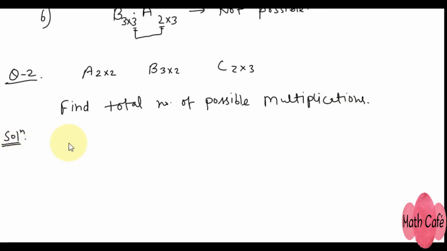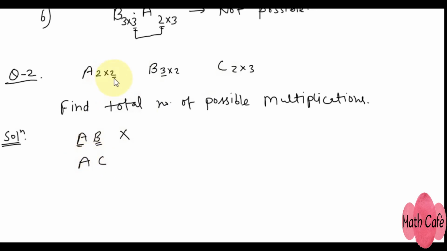First of all, we will see whether multiplication AB is possible or not. AB multiplication is possible when the number of columns in A is equal to the number of rows in B. The number of columns in A is 2 and the number of rows in B is 3. So this multiplication is not possible. We will see whether multiplication of AC is possible or not.